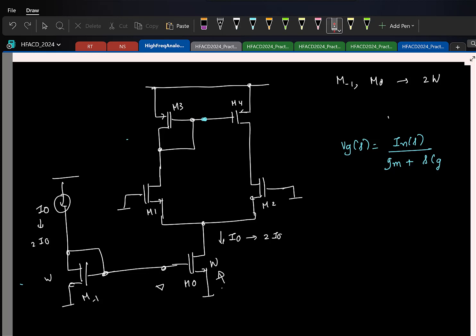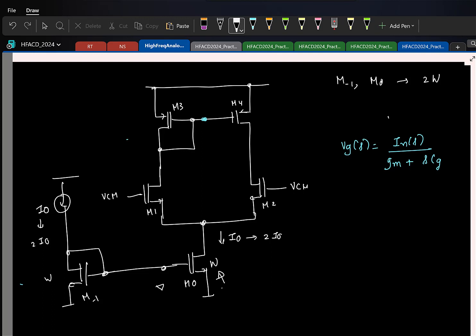Basically I have increased the DC bias current here. So what all will change with respect to the operating point? The overdrive will increase or decrease? Current is increasing. Okay, overdrive will increase.